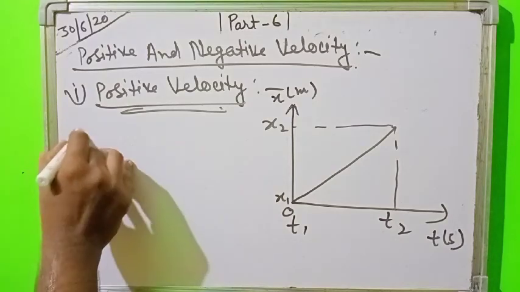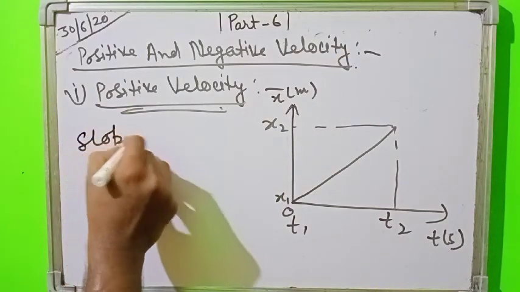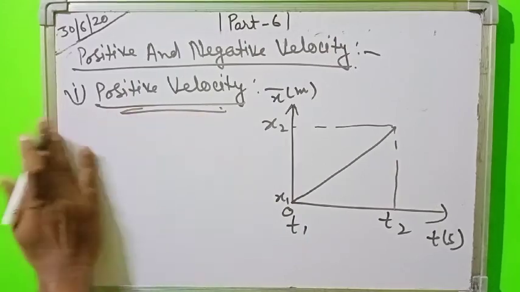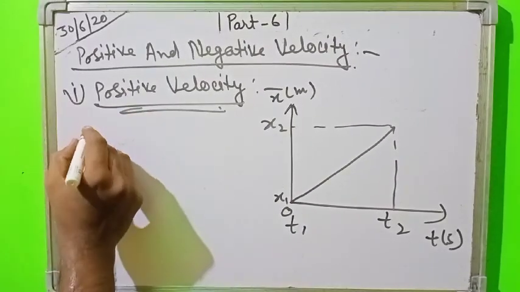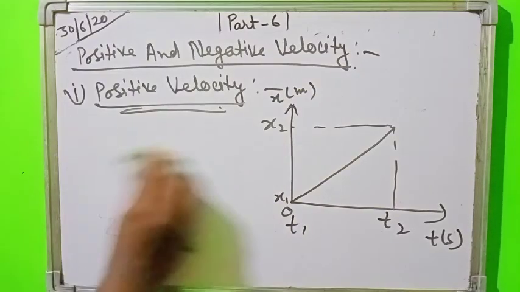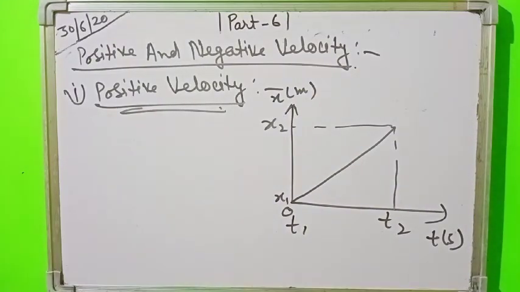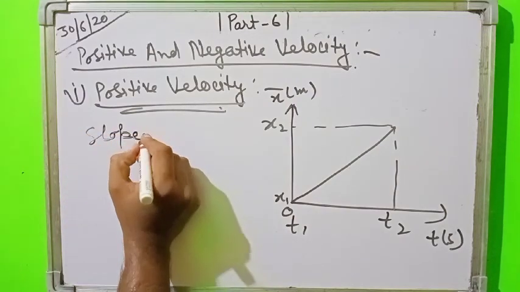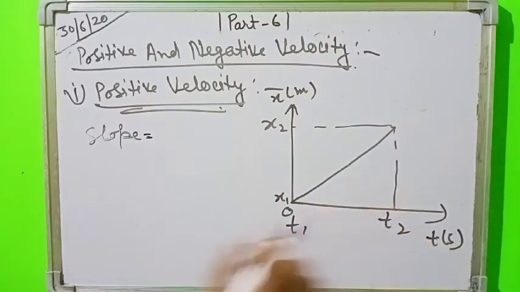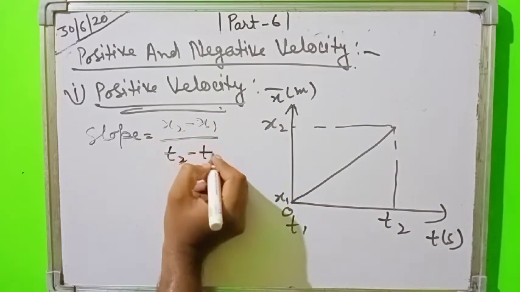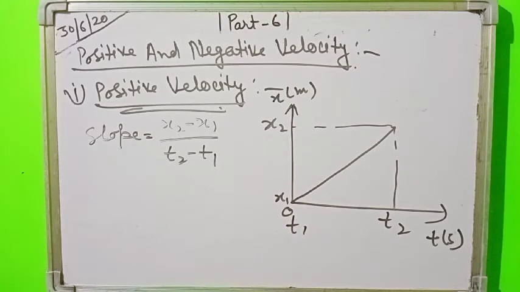Now the slope, as we had discussed about the slope, is x2 minus x1 upon t2 minus t1.